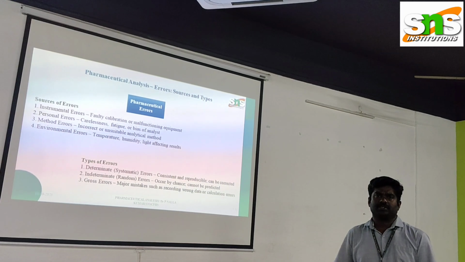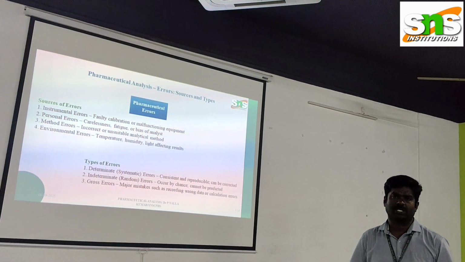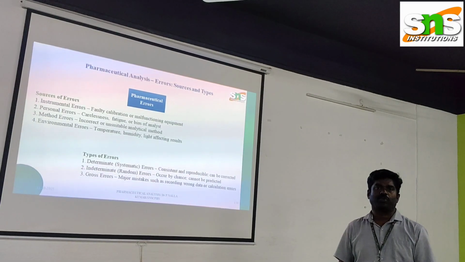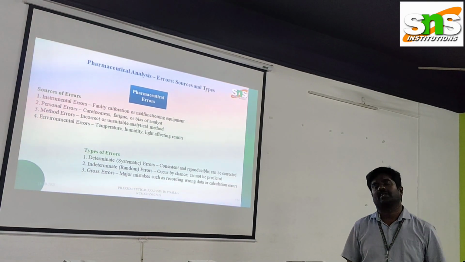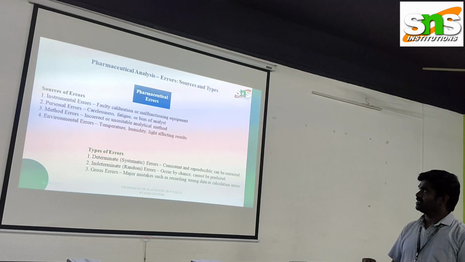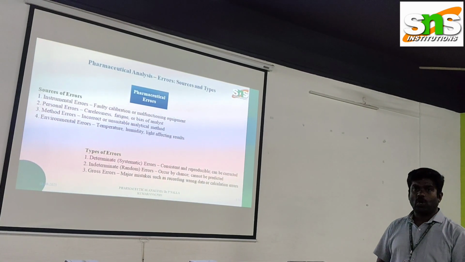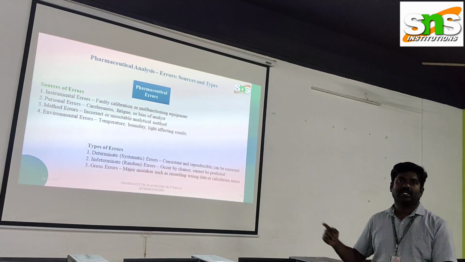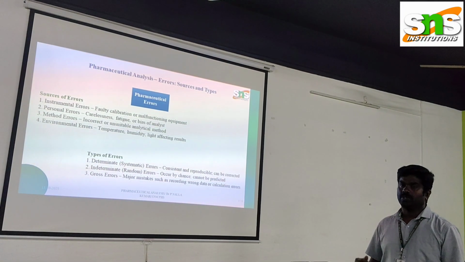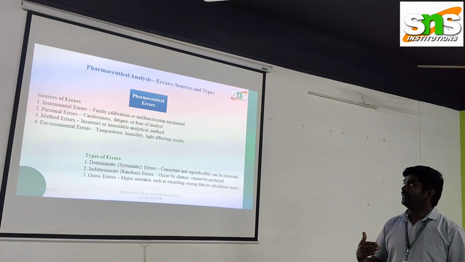So during the calculations also, there is a possibility to get some errors. So for the major instrumentation like spectroscopy, chromatography, or electrochemical methods of analysis, we may get some errors. These all come under the category of instrumentation errors.